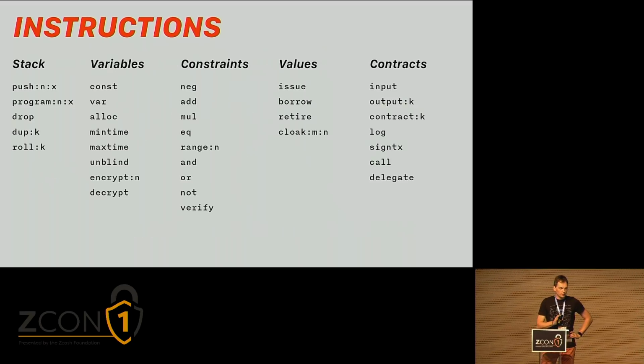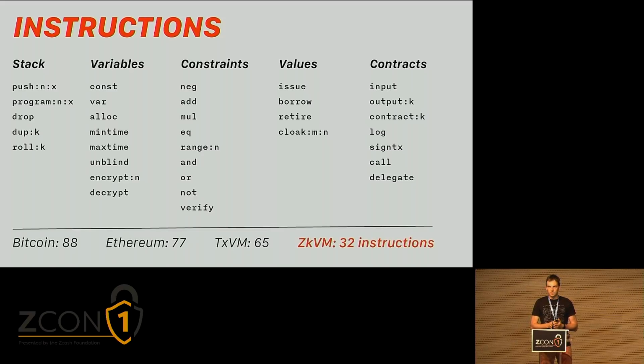Now, this is the entire instruction set of ZKVM, and you can see that these instructions are kind of high level. You have instructions to do some high level operations on contracts, on values: you can issue, you can retire, you can mix and merge. You have instructions for the constraints, arithmetic and Boolean. And what's surprising is that this is a very small instruction set.